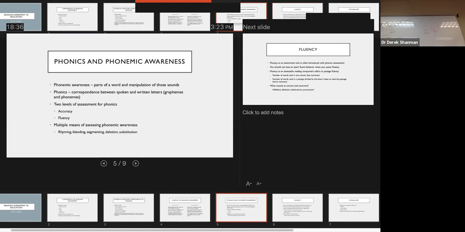I've always struggled with the definition of phonemic awareness, because it is not one thing in particular. Phonics is pretty straightforward, fluency is straightforward. Phonemic awareness is a group of skills. Blending, segmenting, additions, deletions, substitutions.